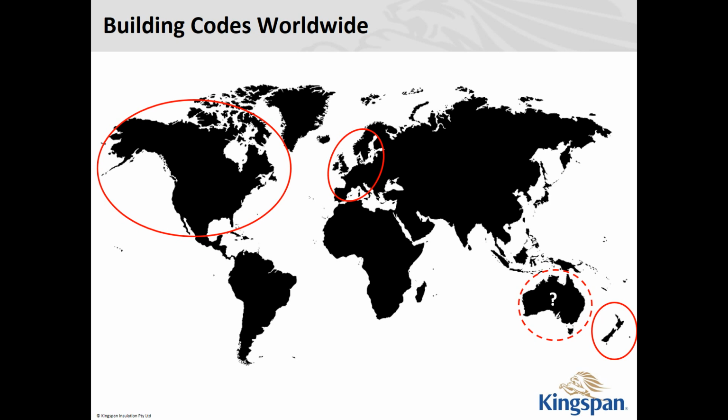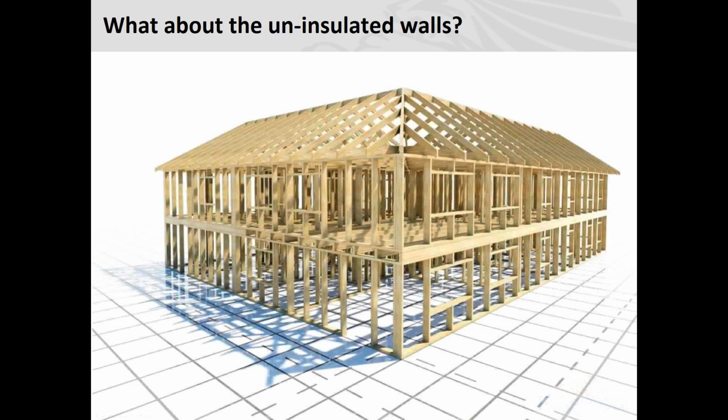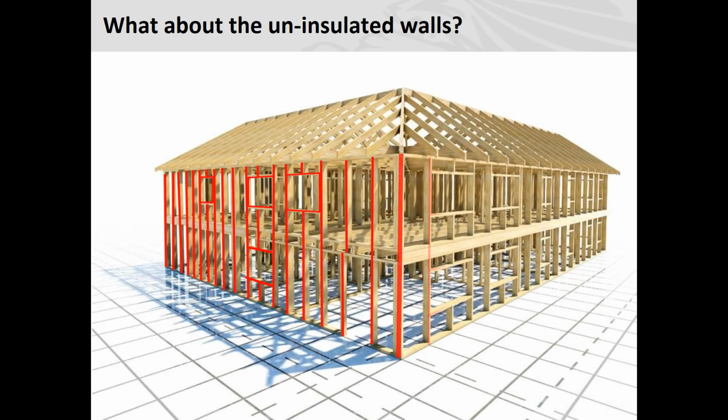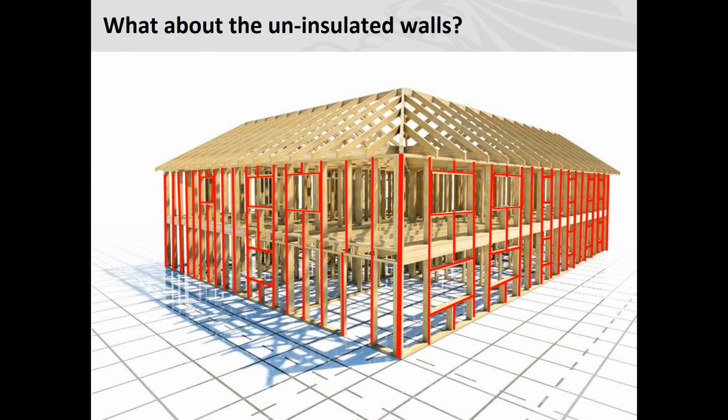In Australia, we're looking at doing that in the next release of the National Construction Code, which will come out 1st of May 2019. So instead of just insulating in between the studs, we're trying to insulate all this surface area.